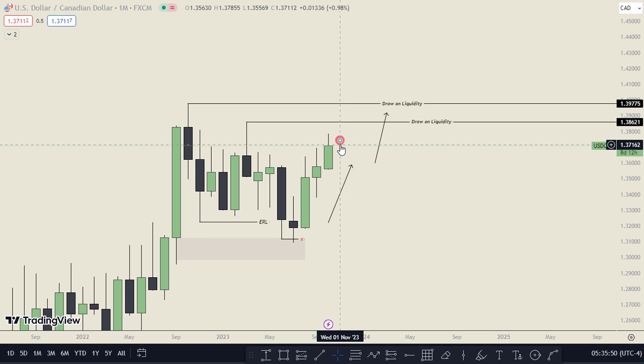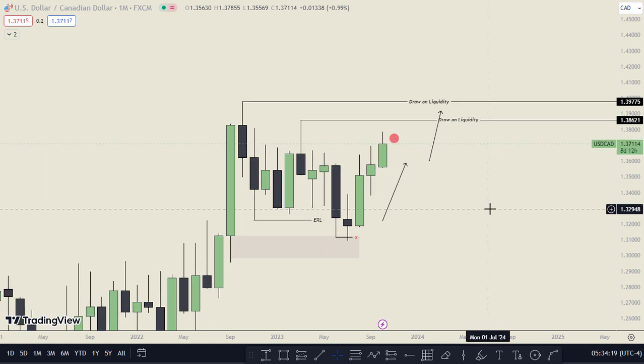So anyways, I wanted to clear that up, and now let's move on to how to actually analyze the higher time frames. Now, I told you that you have a lot of pairs to choose from. You have commodities, you have indices, and the question is, how do you choose which pair to trade?